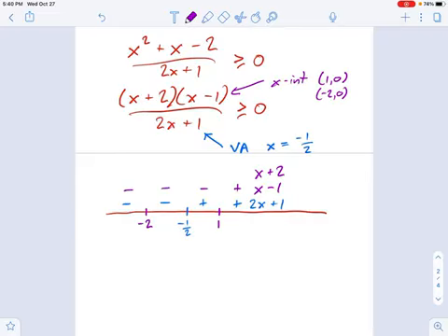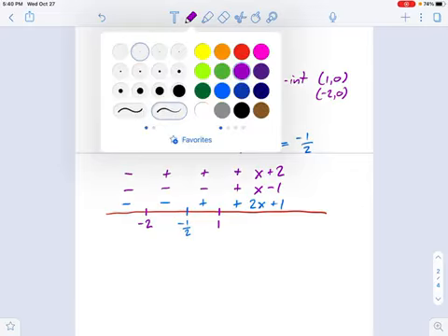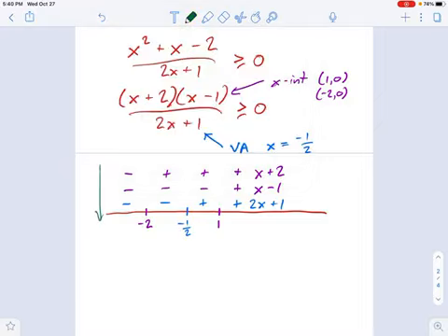And x plus 2 is positive as long as we're above negative 2, but as soon as you go below negative 2, it's negative. So now we multiply these together, multiplying down, and we get a negative sign, a positive sign, a negative sign, and a positive sign.